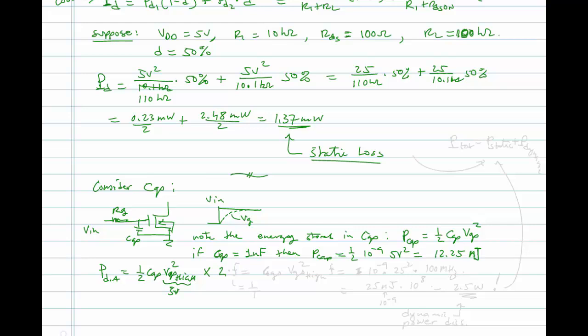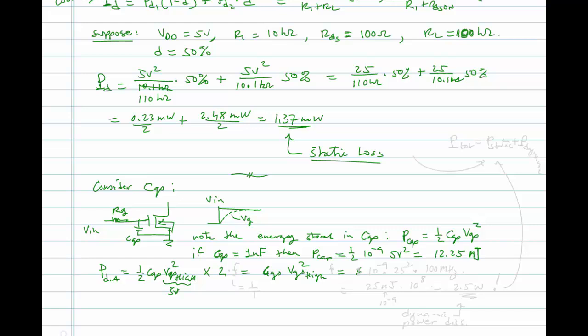So we have just CGS times VGS high squared. Okay, so let's say that you had 1 nano. Oh, and I missed something here.